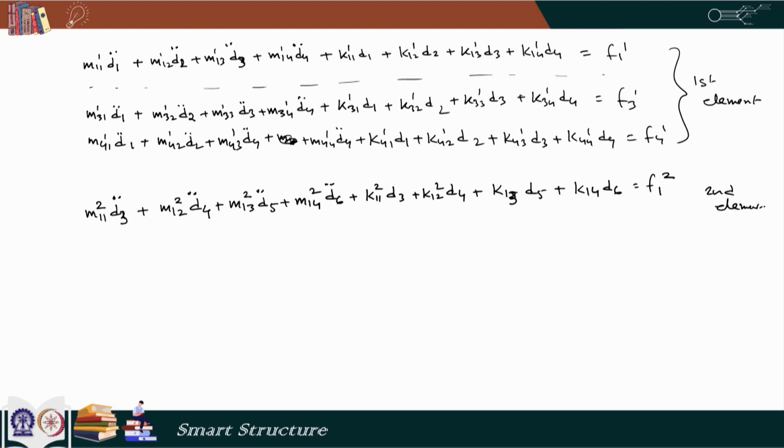Now, we can see that if I look at this equation with the third equation from the first element and the first equation from the second element, these two equations have D3 and D4 as common terms, and if I add these two equations on the right hand side, F31 and F12 get added and they give me a term F3.